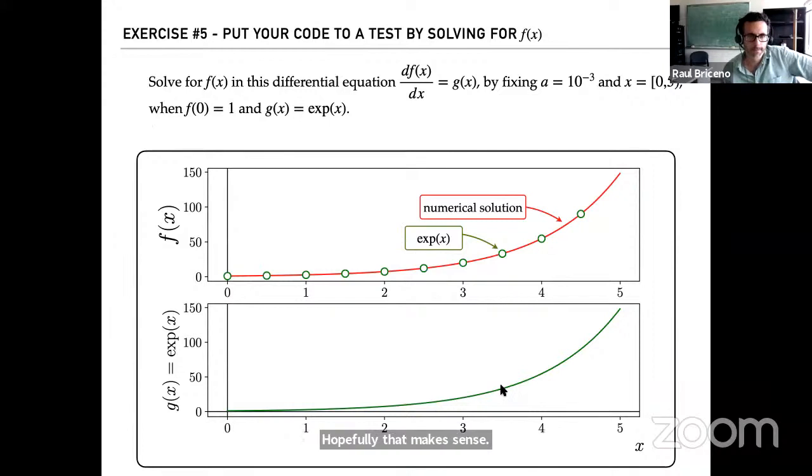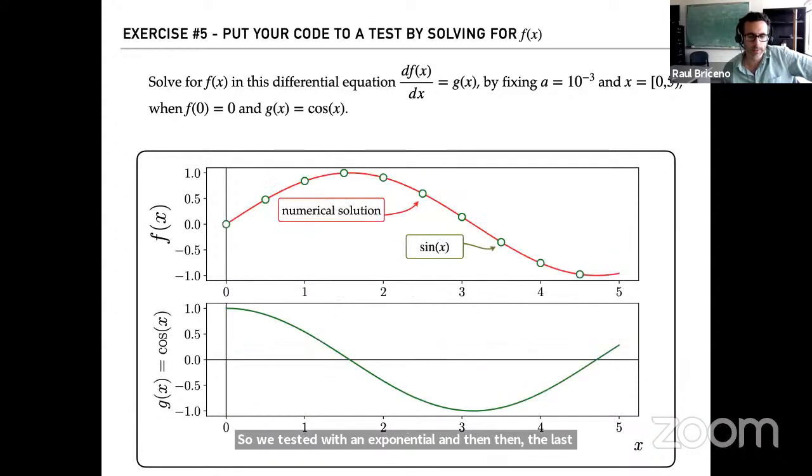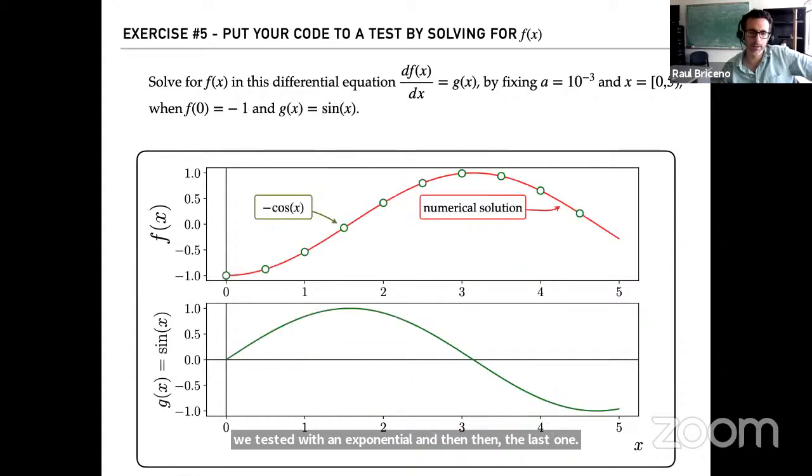All right. So we tested with an exponential, and the last two examples are sinusoidal functions, because we know that the derivative of cosine is negative sine, and the derivative of sine is cosine, and so we're just testing these ideas.